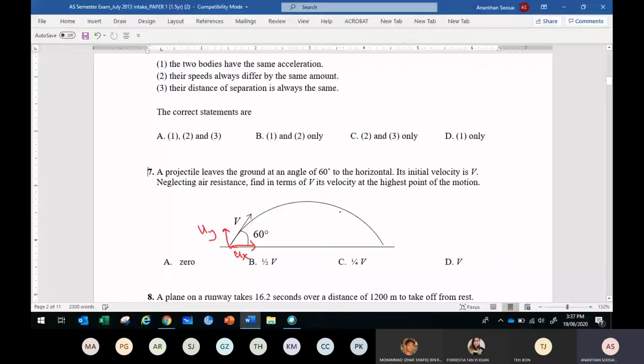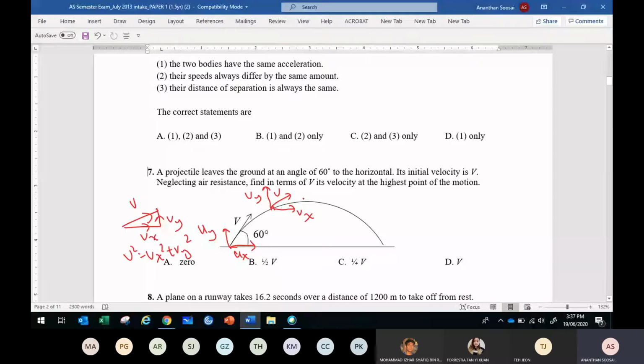When the object is launched, at any moment, the v will be made of the vx and the vy. You get the vx and vy, you can find the v. You know that the v is equal to what? That vector diagram. Vx, Vy. So V squared equals Vx squared plus Vy squared.